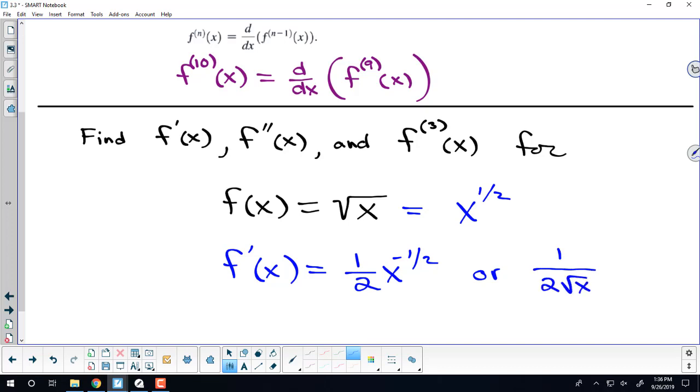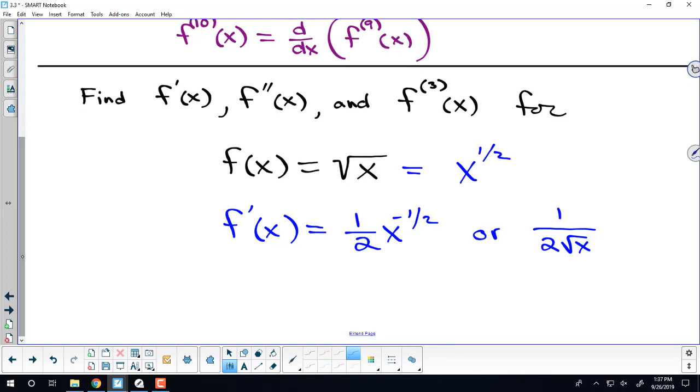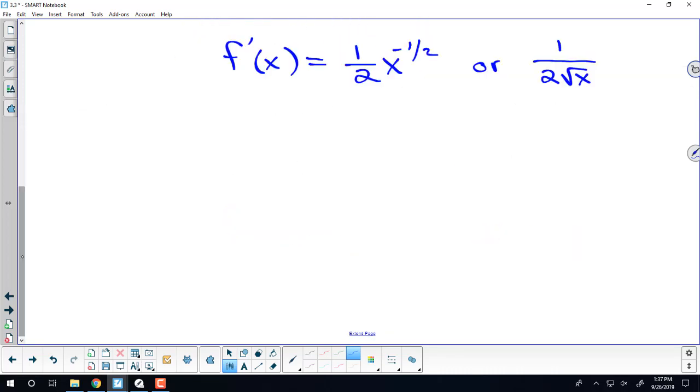But leaving it as 1/2 x to the negative 1/2, keeping in mind we're taking other derivatives, would be a little bit more advantageous for us. Okay, so the second derivative, f double prime, is equal to the derivative of the first derivative.